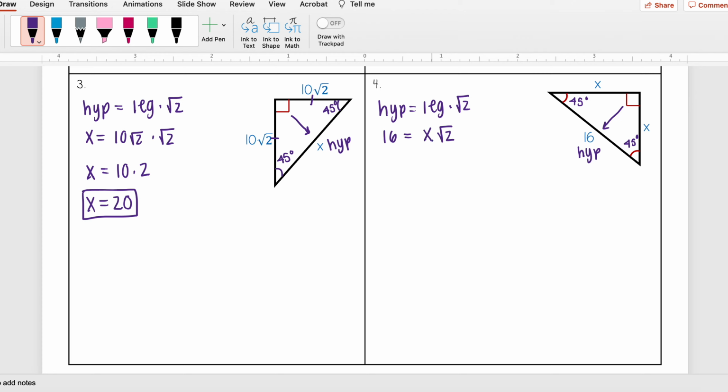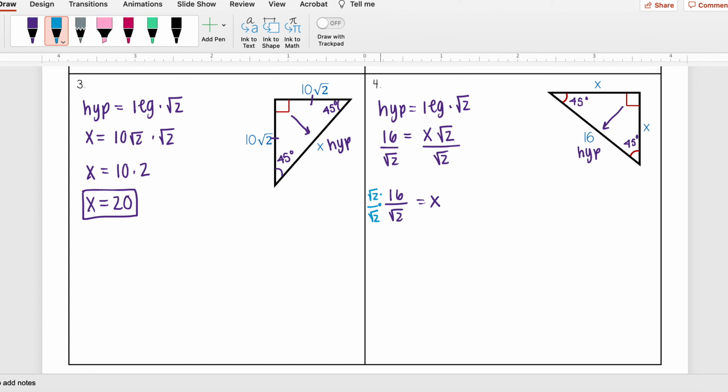And then to solve for x, I need to divide both sides by the square root of 2. So I get 16 over the square root of 2 is equal to x. However, I am not finished because I have a radical in my denominator. So I need to rationalize my denominator. And to do that, I need to multiply both top and bottom of this fraction by the square root of 2.